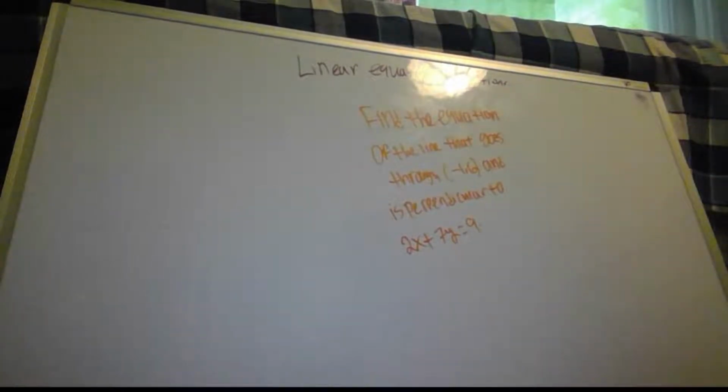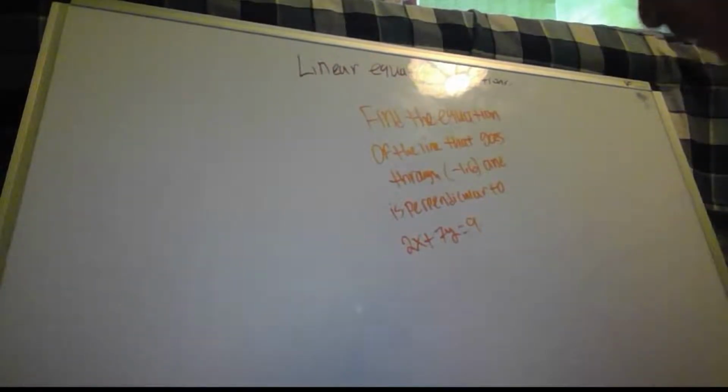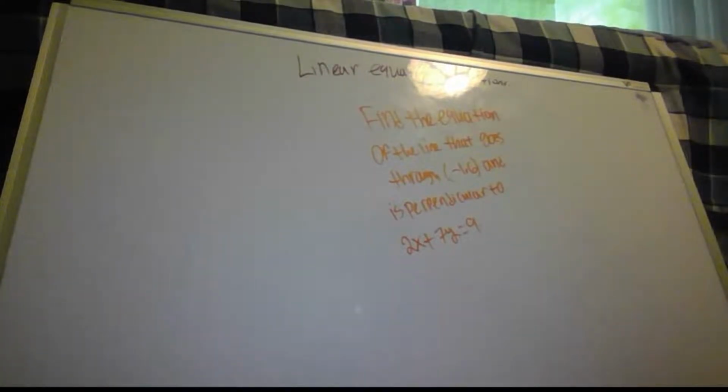I hope that's possible to do. I hope so. So it says find the equation of the line that goes through (-1, 6) and is perpendicular to 2x plus 7y equals 9. Okay?